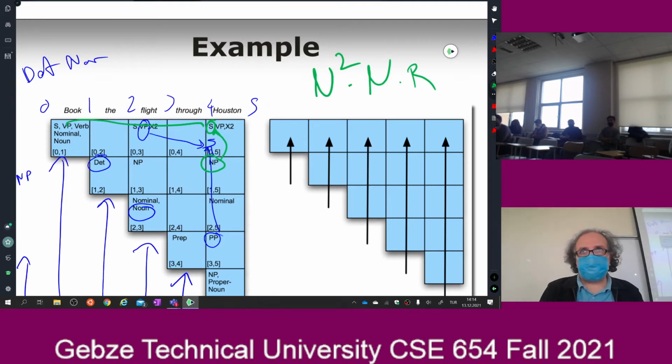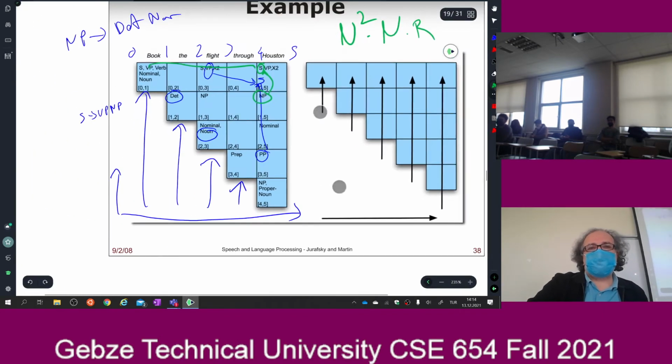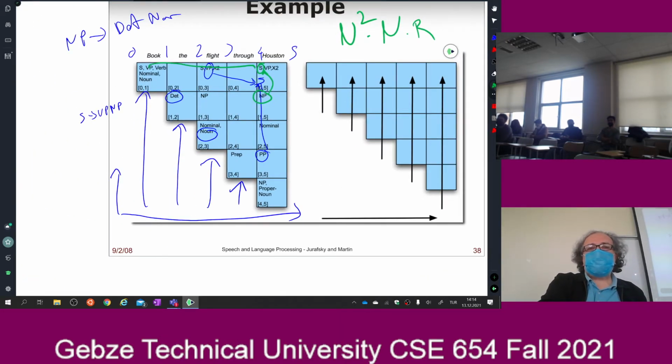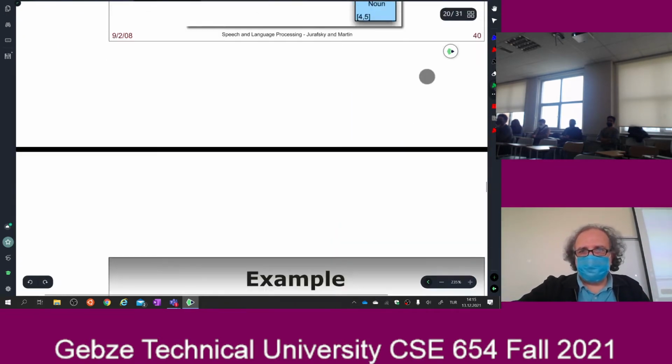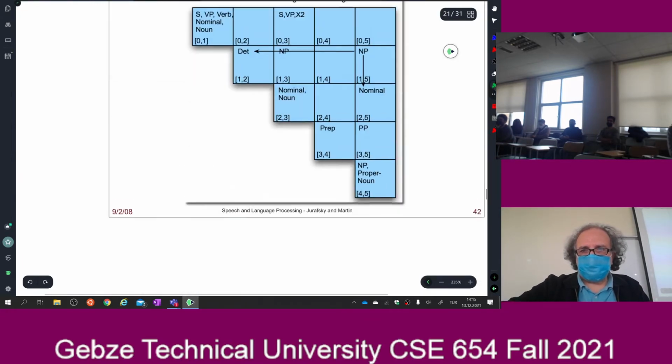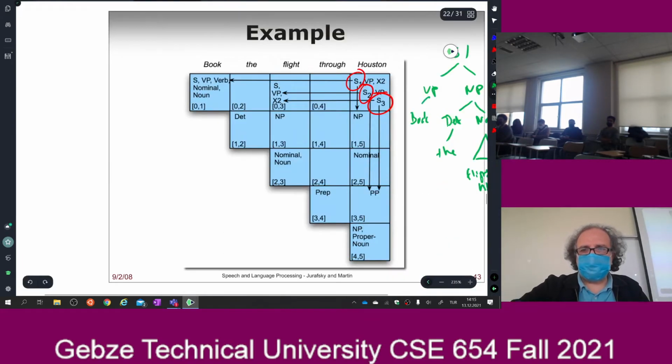This is bottom up, right? Yeah, this is bottom up, of course. Why? Because we started making sense of these words. When we are done and we look at this table, I think this complete table is here.